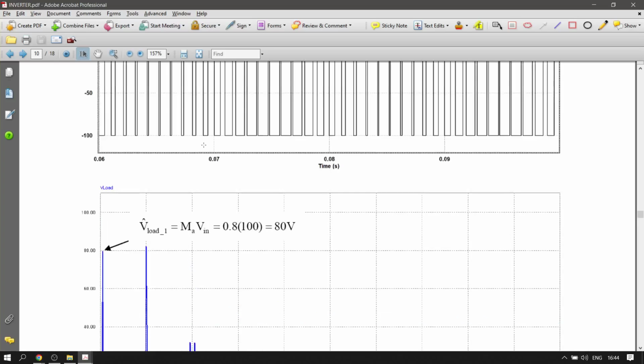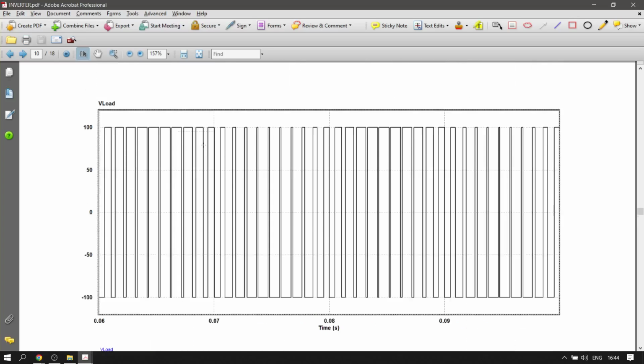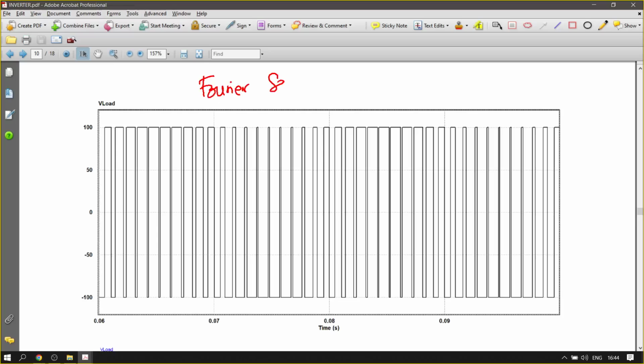Okay, ataupun sometimes dia nak tunjuk ataupun kita nak tengok macam mana kita boleh dapatkan menggunakan first Fourier series equation. Macam mana kita boleh gunakan Fourier series equation to solve this waveform.